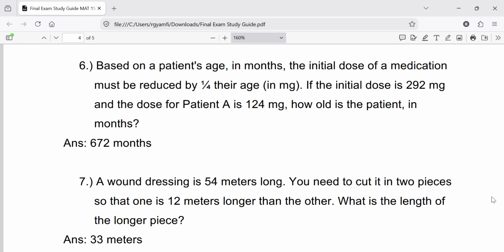So based on the patient's age, I'm going to say patient's age is going to be X, and it's in months.